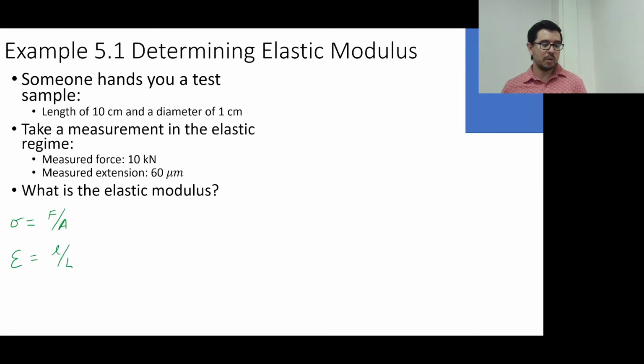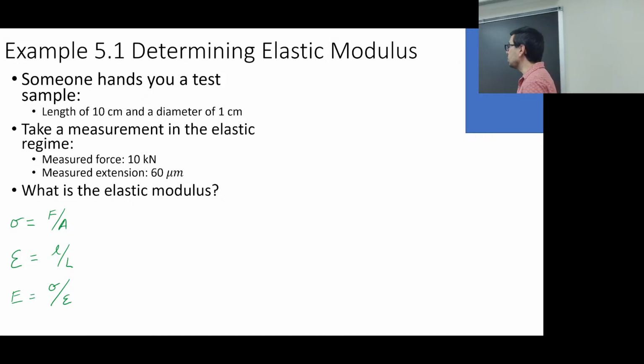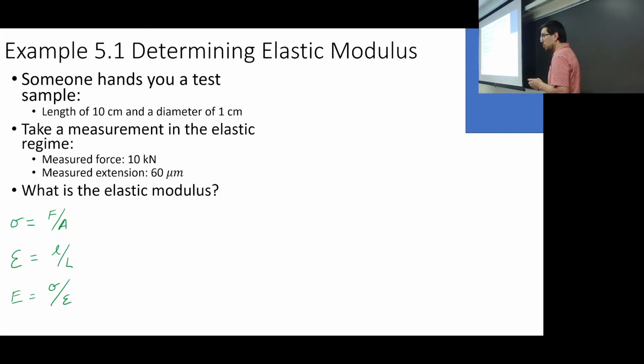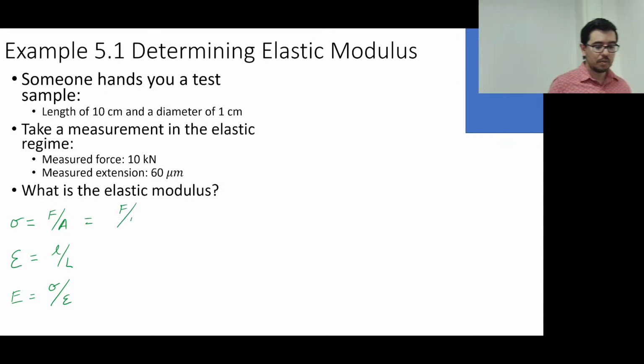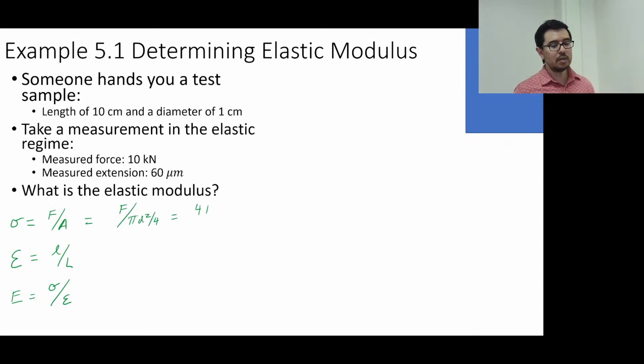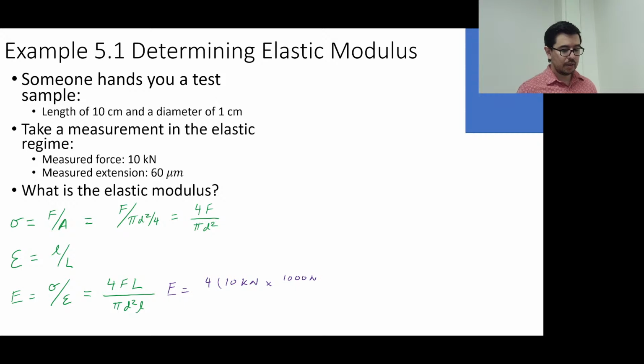So what do we do? We do sigma equals F over A. We do epsilon equals delta L over L. And then remember, sigma equals E epsilon, so then that big E is equal to sigma over epsilon. And we can calculate these individual quantities, and then write out what E should be.